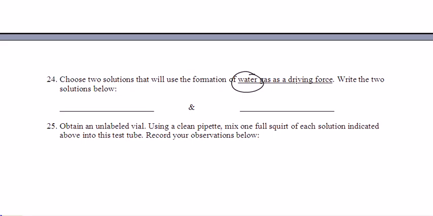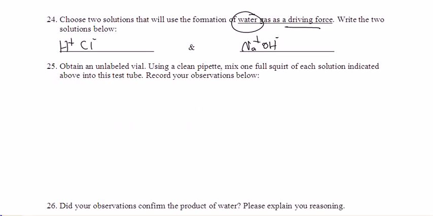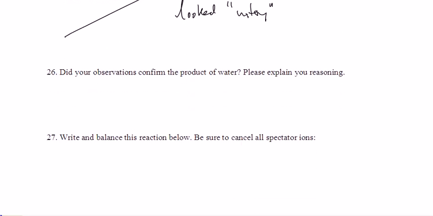In this case, they want water as the driving force. So that's when you have something with H+ reacting with something with OH-. And this one really just looked, why don't we say watery? That was a really hard one to observe. Yes, looked watery.